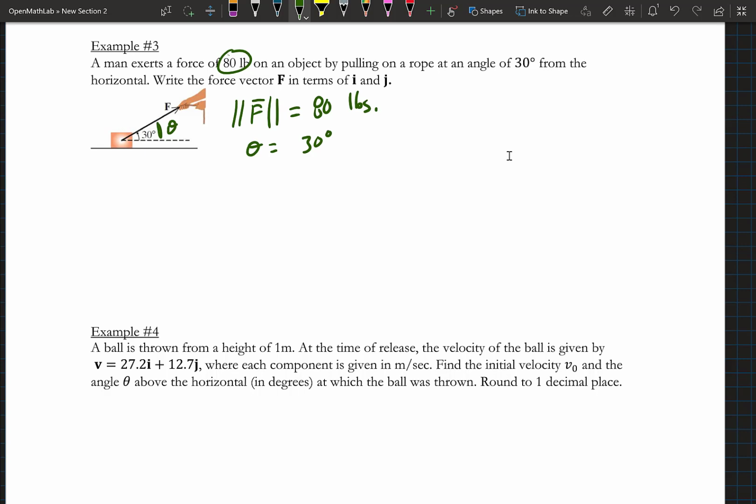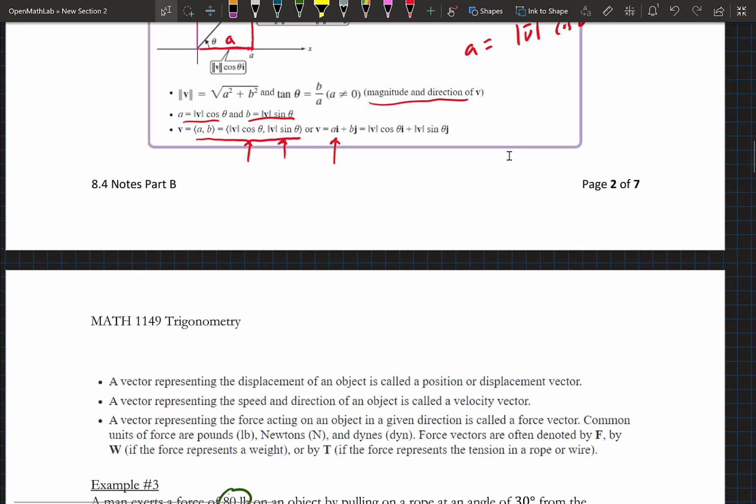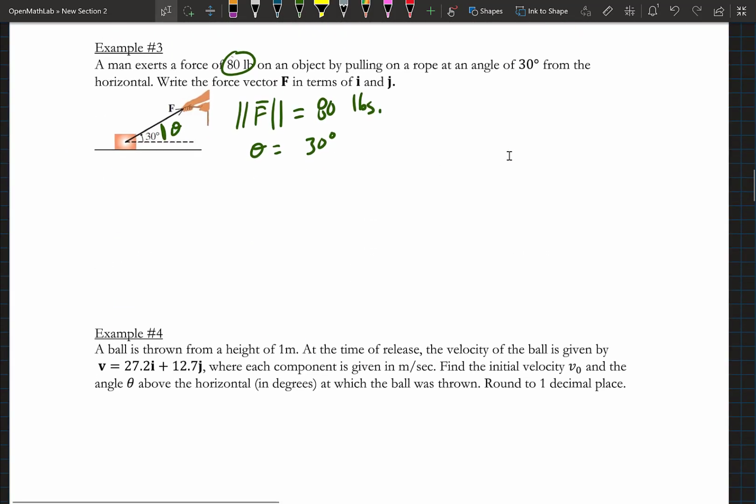We want this in terms of i and j, so in other words, we want to use this format that I highlighted in green here.